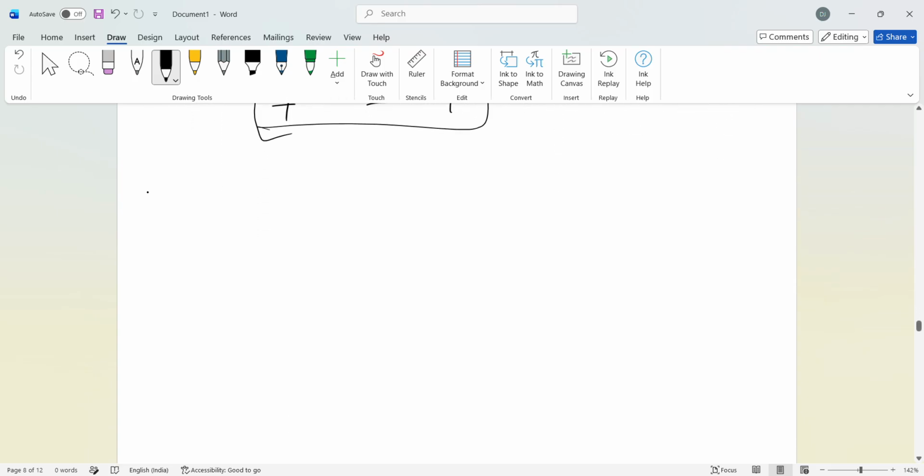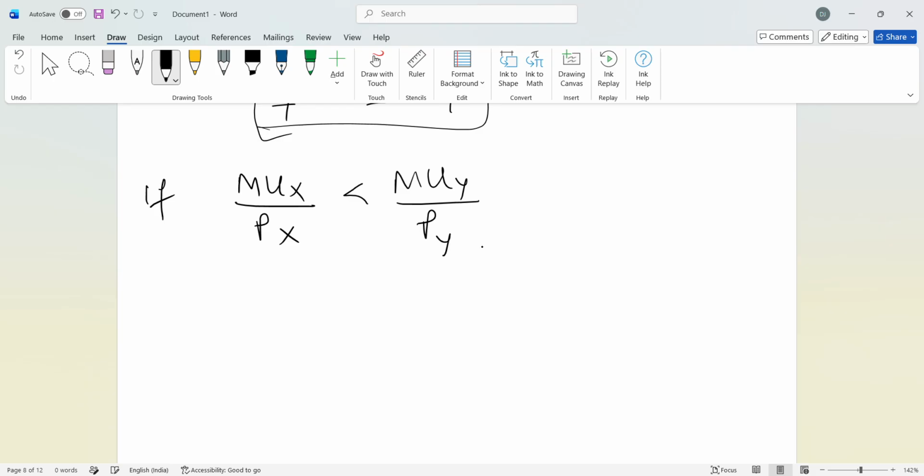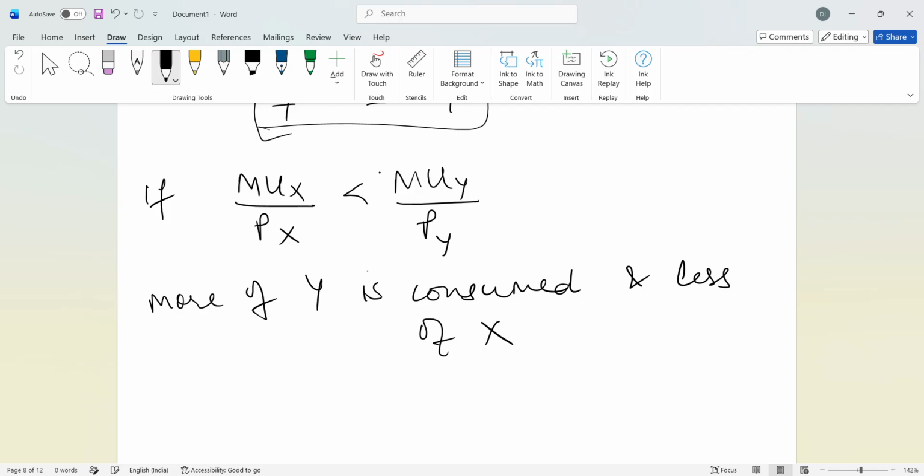Now, just the opposite will happen if I have given you marginal utility of X by P of X less than marginal utility of Y by P of Y. In this case, you will consume more of Y and less of X. Let's say this is 10 and this is 7.